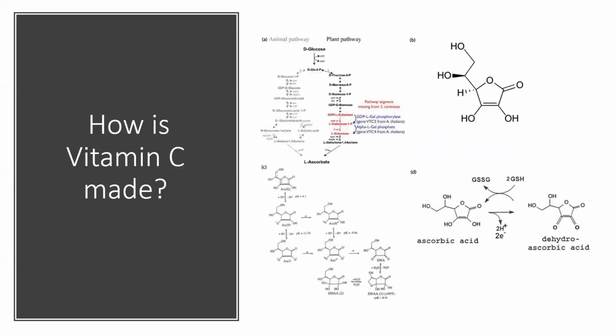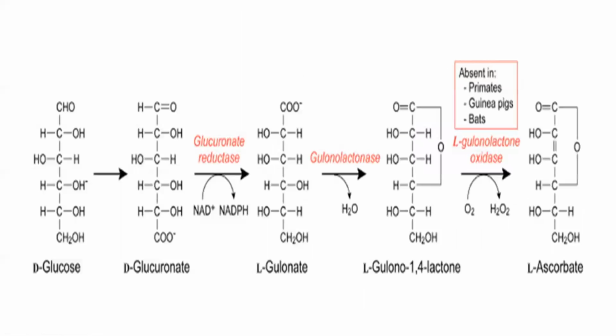So, how is vitamin C made? These probably look all very concerning, but we can do this. Okay. So let's break down this reaction. So we know D-glucose goes through a series of reactions until C1 gets oxidized, and eventually the lactone ring between C4 and C1 forms through a series of reactions.